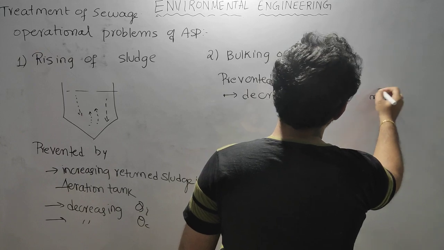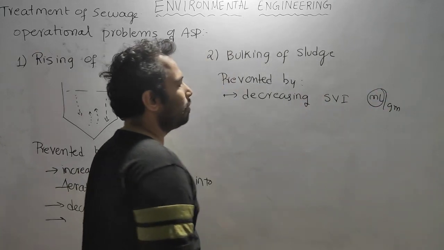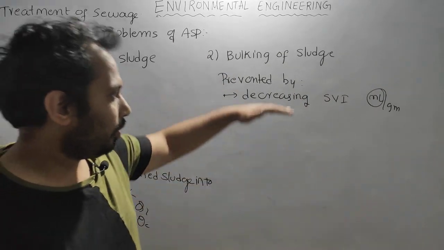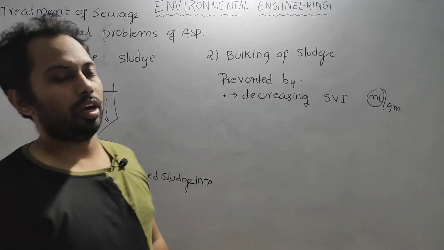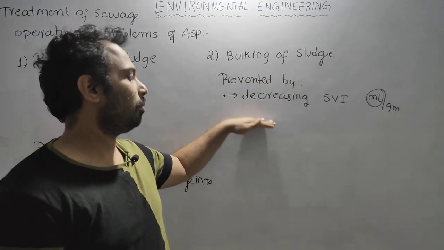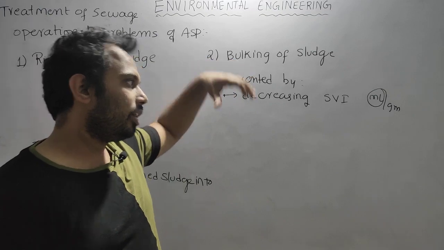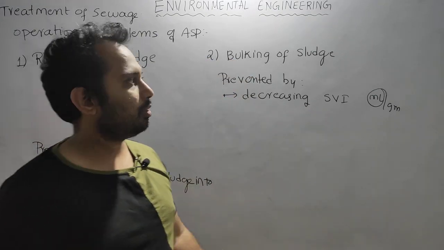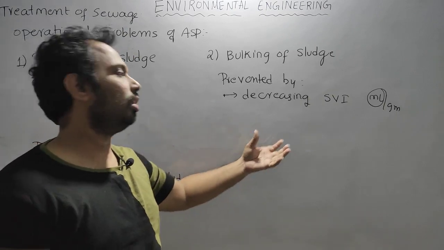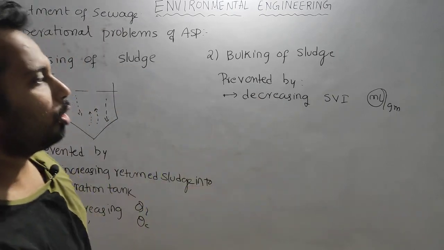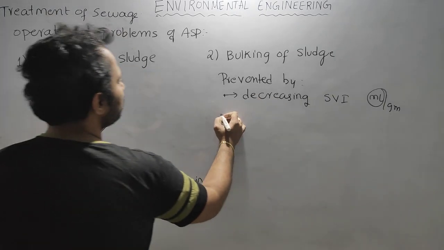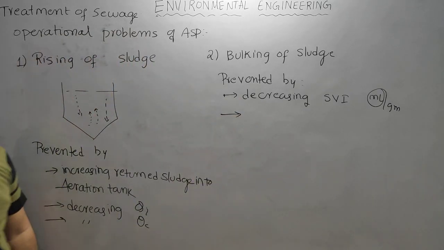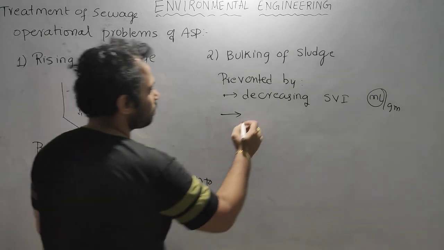If this ml is more, then we call this bulking of sludge. So SVI decreasing means you are reducing the ml per unit gram. So that means bulking of sludge you are controlling by reducing the sludge volume index, and by increasing the pH.